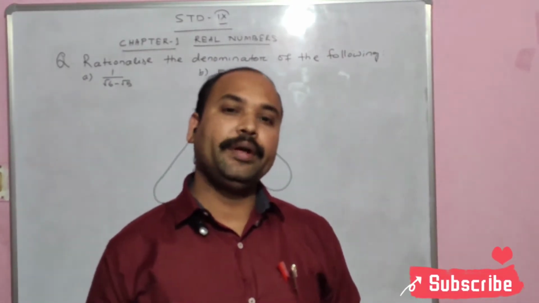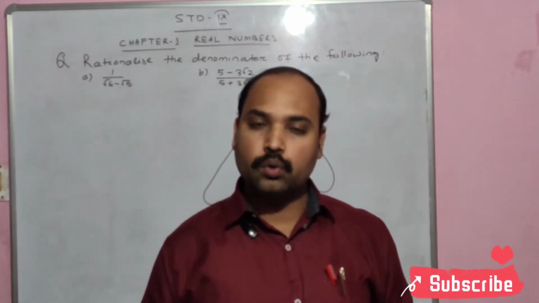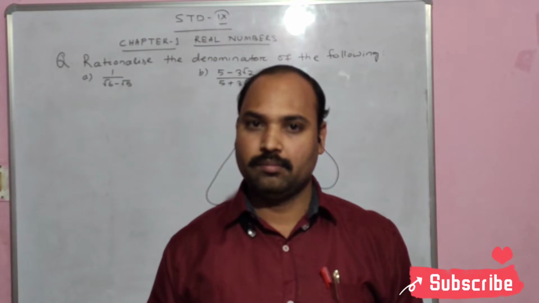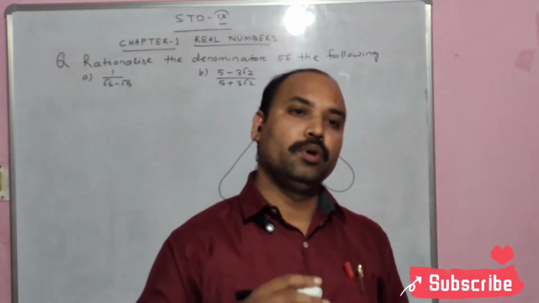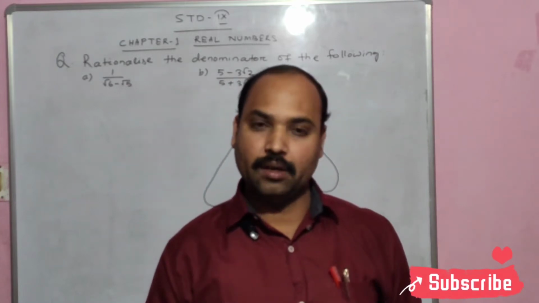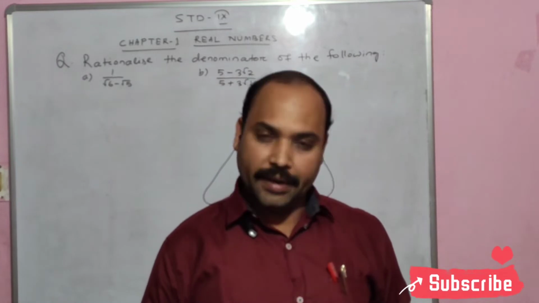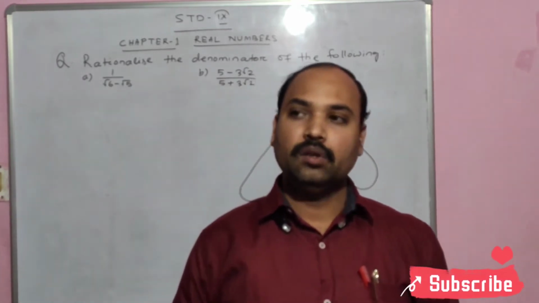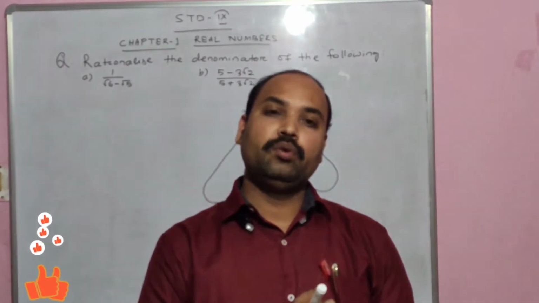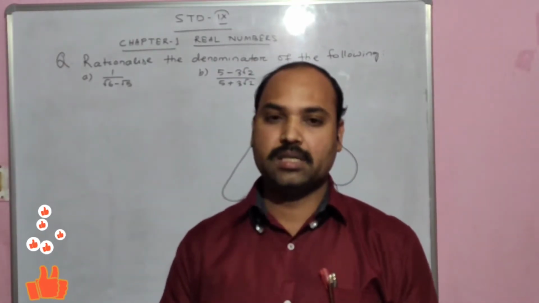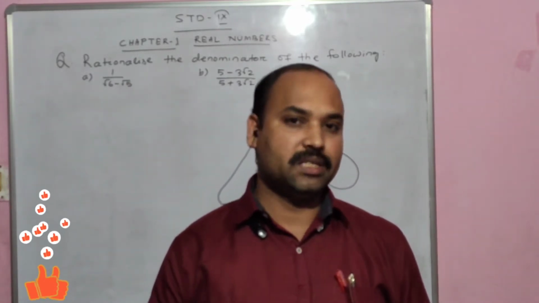Before going to rationalize the denominator, we have to learn how to rationalize it. Rationalizing the denominator means we have to rationalize the denominator which is a binomial irrational number.